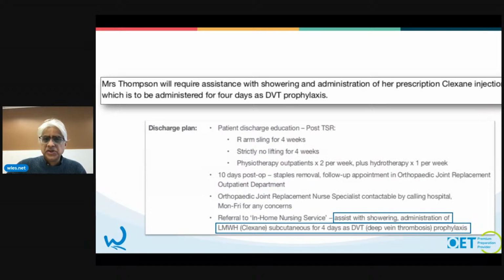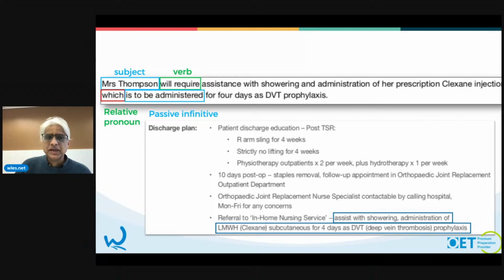So using the future simple tense, the subject and the verb. We link the clauses with a relative pronoun, which, and we've got a nice passive, is to be administered. So a nice passive infinitive. Some really nice language there as well. So using a relative pronoun, we've made a relative clause.